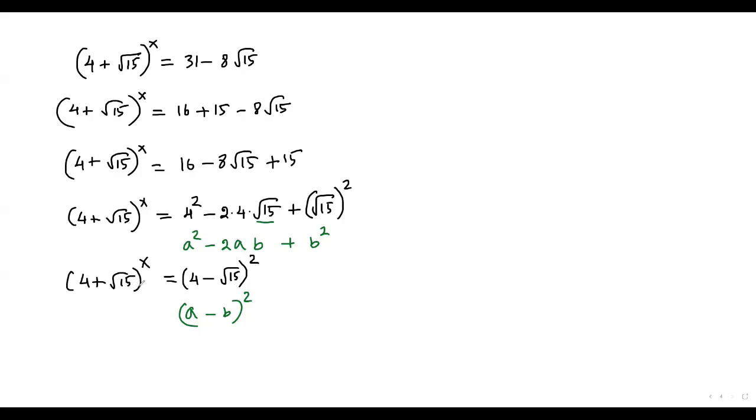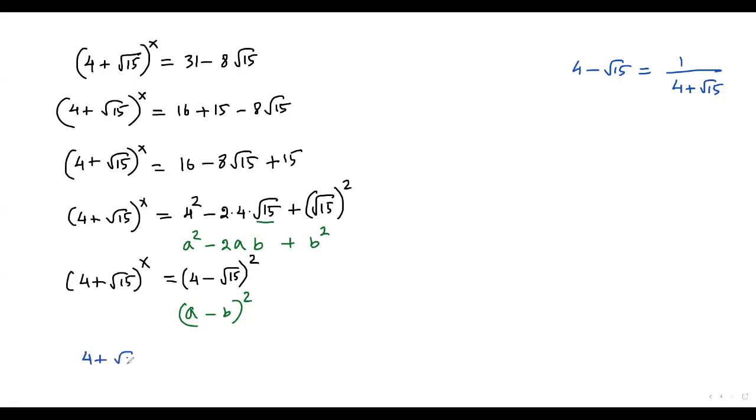Already we know what this 4 − √15 equals. We have already solved for 4 − √15 earlier in this problem. That is, 4 − √15 equals 1 over 4 + √15. So now this 4 − √15 can be replaced by 1 over 4 + √15.